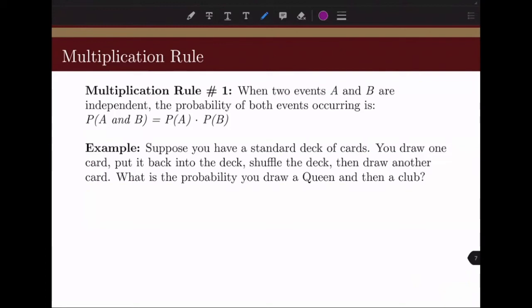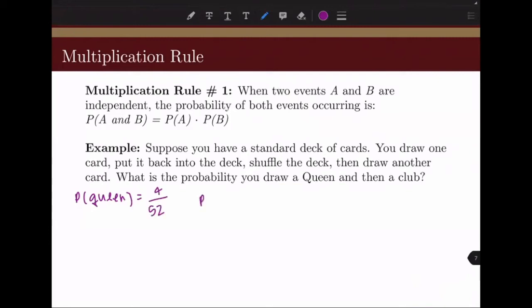Well, the probability that you are going to draw a queen is 4 out of 52, because there are 4 queens out of 52 total.